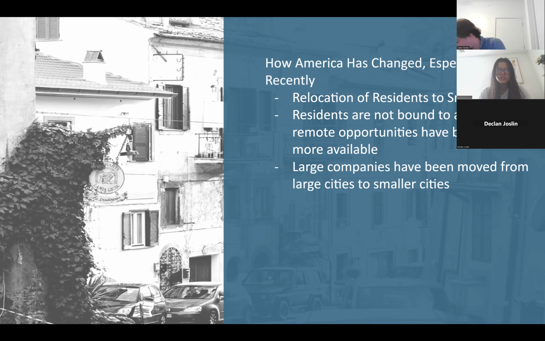With these changes, neglected cities have been given more and more opportunities as populations have shifted to unseen areas. We've also noticed that a lot of large companies have been moving out of metro regions due to the pandemic. This is reshaping the business landscape.